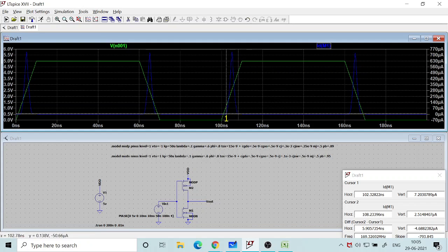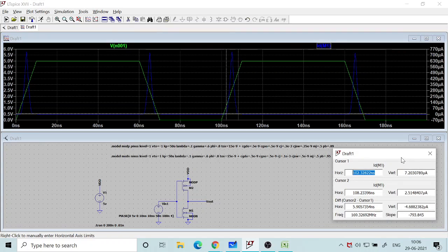Okay, current is starting. I have put it roughly, and if you look at cursor 1, this is showing with respect to the current. The current is in microampere, it's now 7 microampere. Roughly I can make it 0. Okay, so now it is 1 microampere.